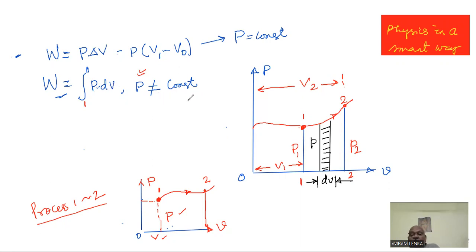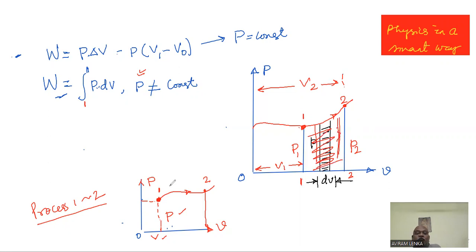Do you know integration of PdV? You have already done that in basic integration, in my class 11 calculus. As the diagram shows, PdV is a very small area. So the integration of PdV is nothing but the area under the pressure volume graph going from 1 to 2.